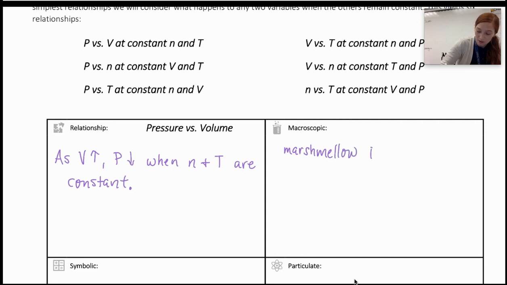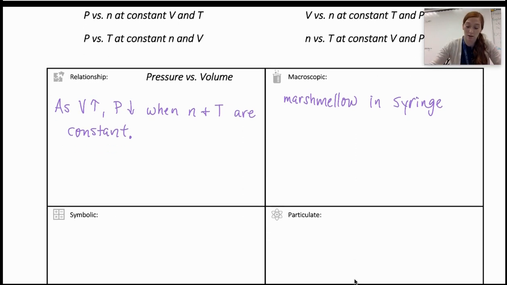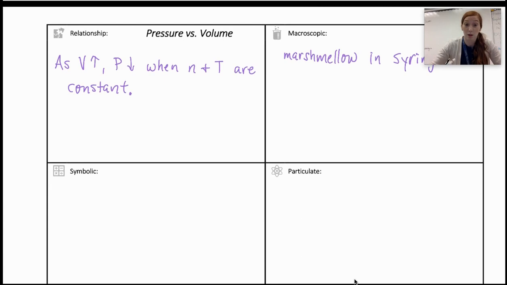Marshmallow in syringe. Right? As it was pulled out, the marshmallow got bigger, okay? Because the pressure went down. As you put the syringe in, the marshmallow got smaller because the pressure went up, okay? So we want to show this as, again, volume goes up, pressure goes down.